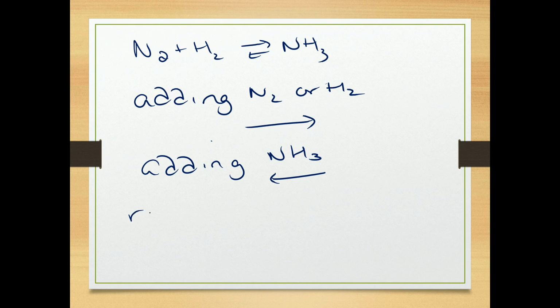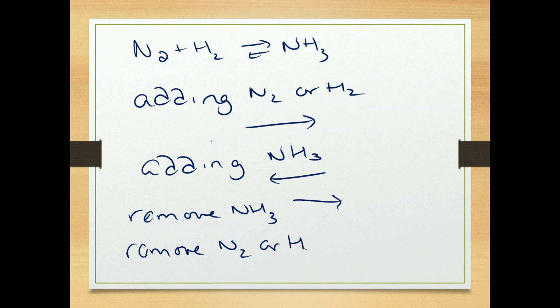So if I remove NH3, now I've got lower amounts of NH3, I've got a smaller numerator. The reaction is going to go forward to fill in the hole I just created by removing NH3. Or if I remove N2 or H2, it will move to fill those holes and move backwards.